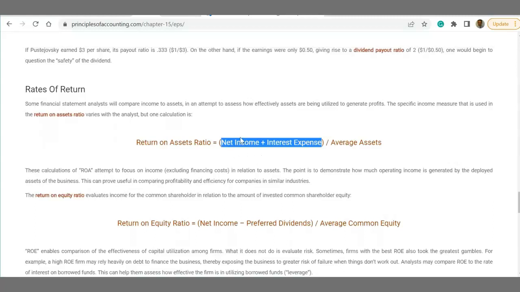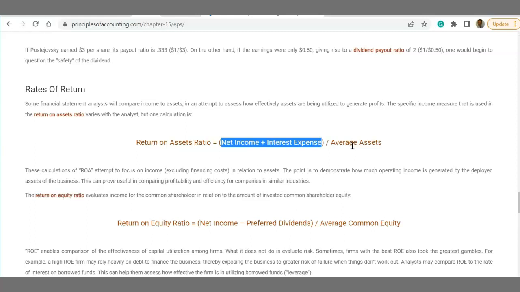If I have an example here, I don't have it, so I make one. Let's say net income is $100 and interest expense is, let's say, $20. So net income plus interest expense is $120, the actual return on average asset. Let's say average asset is $1,000. Average asset comes from beginning asset plus ending asset, total asset, divided by 2.